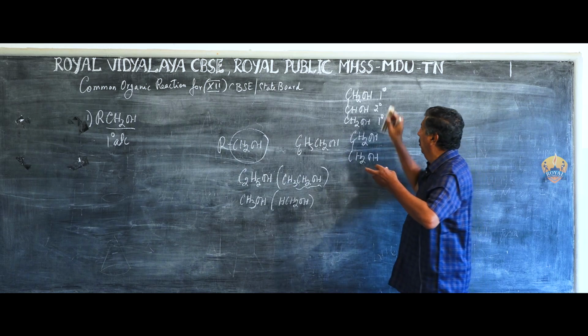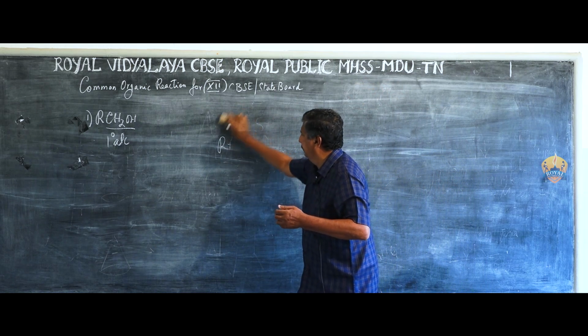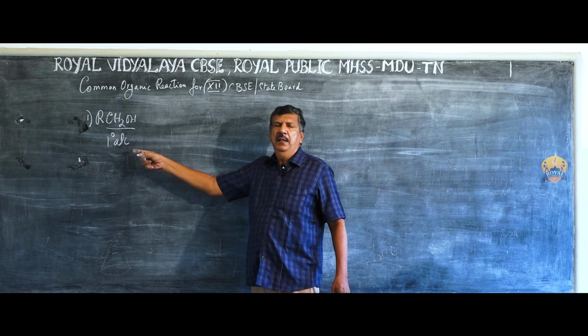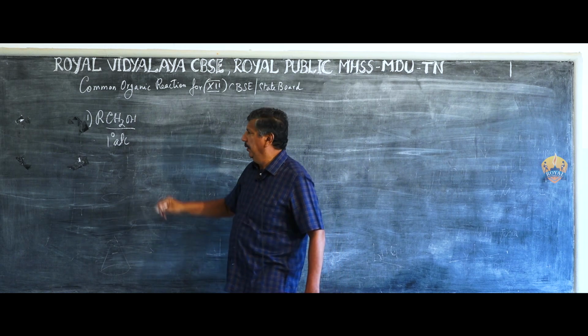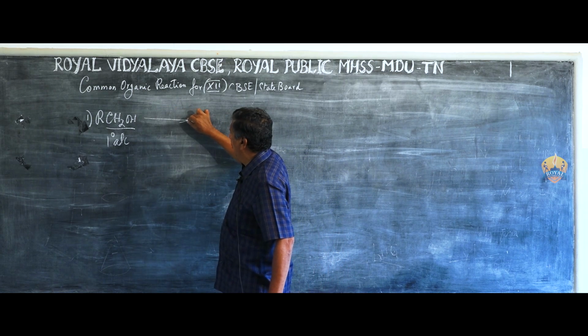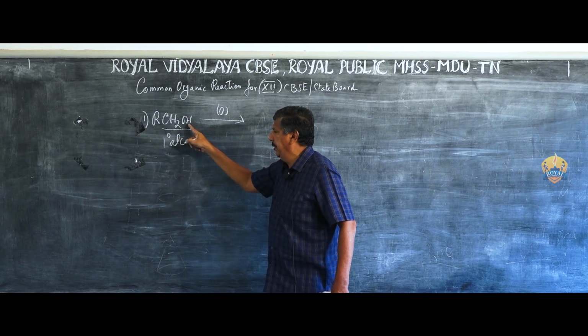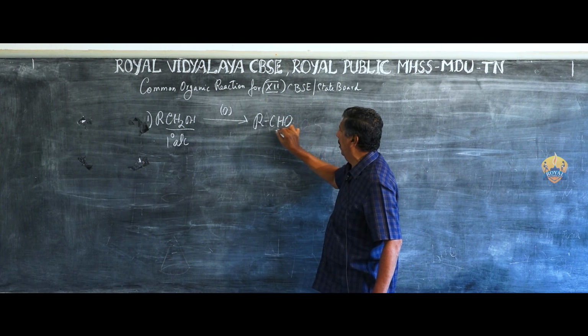Okay. Now we will go into the reaction of this. First of all, I am just taking primary alcohol for oxidation. Any primary alcohol on oxidation, this CH2OH converts into aldehyde.